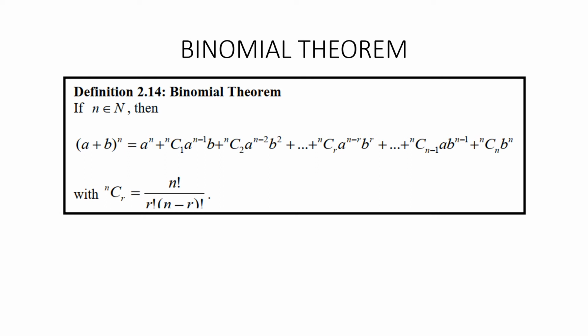Find (a plus b) power of 5. We use the binomial theorem.